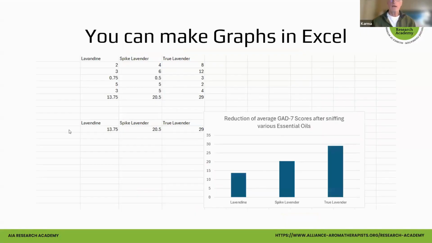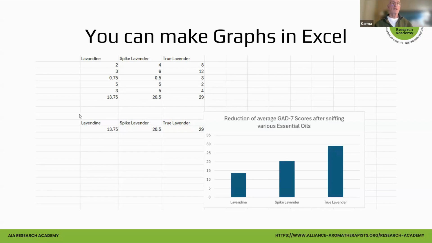All right, you can make graphs in Excel. It's very easy. I'm on the blank page of Excel, and I just made up these numbers: lavandin, spike lavender, true lavender, and I just put some numbers in and added it all up. And then I summarized it here.